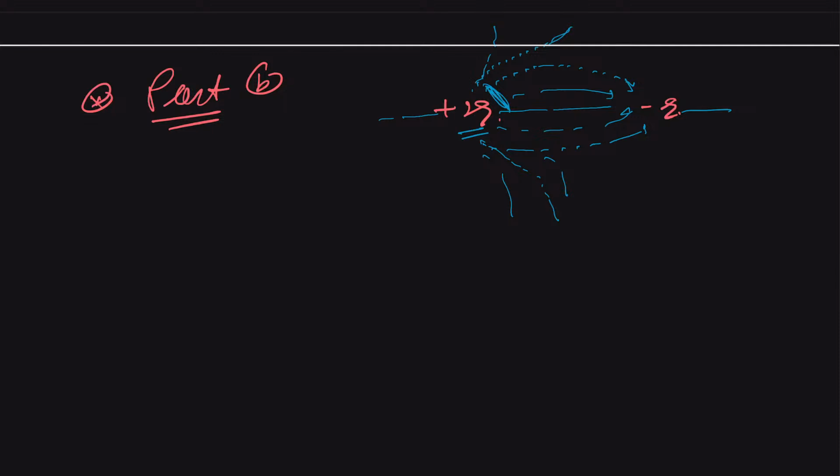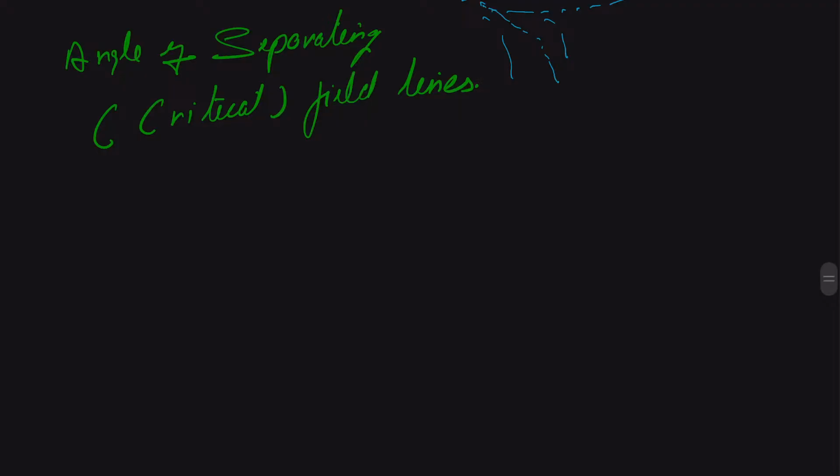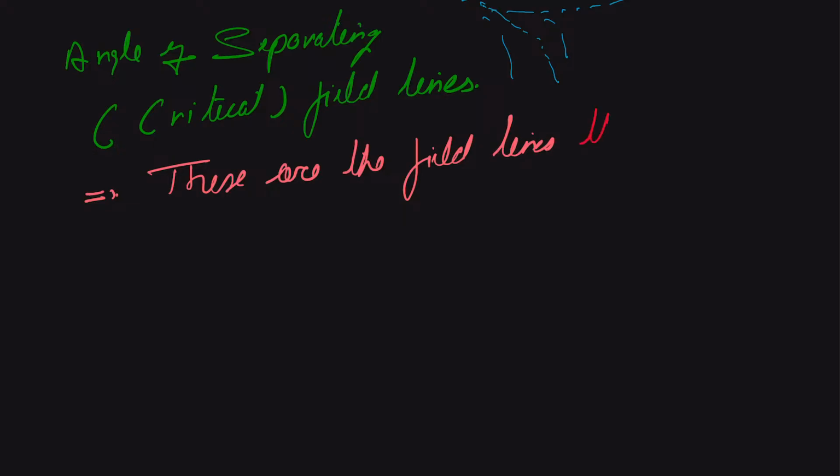So we can say the angle of separating, or critical, field lines, or in a more elaborate way, these are the field lines that just fail to end on minus q.